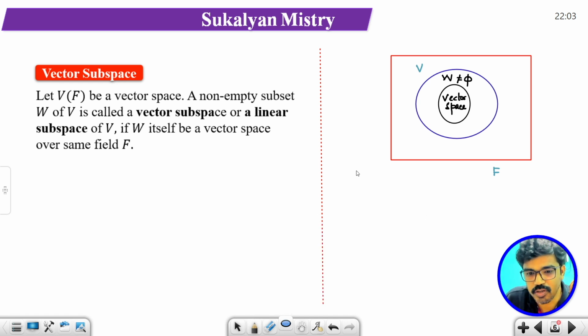For a vector subspace, we just need to show two properties. Just see, this is the two step test. Note this.